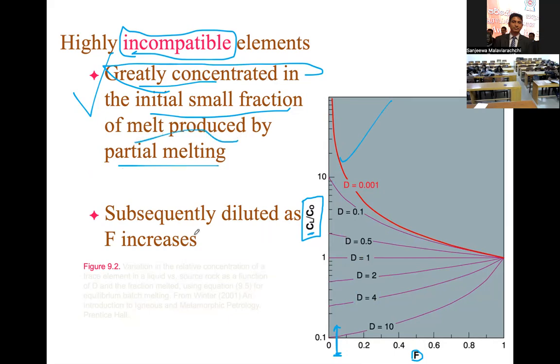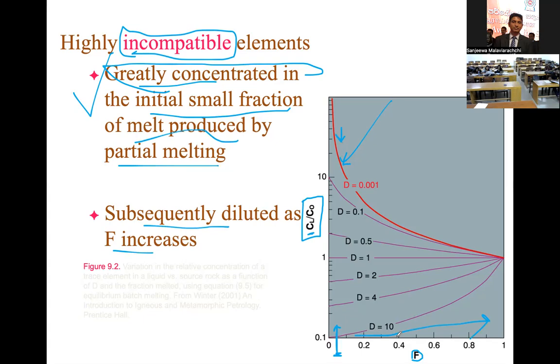Okay, so then you can see it is subsequently diluted as F increases. So here you can see the F increasing, and you just see the curve itself gradually decreasing, right? Here at F 0.1, this concentration.